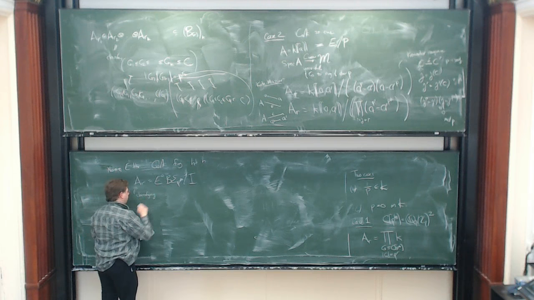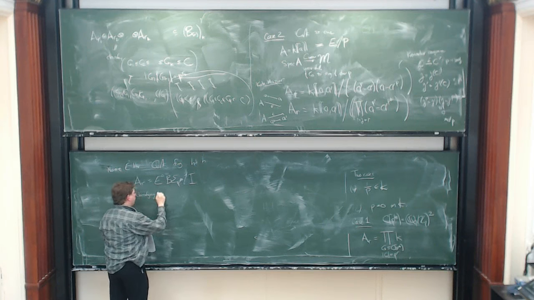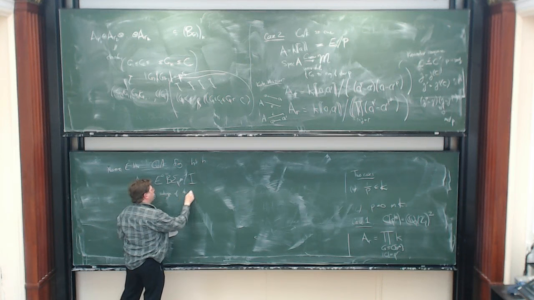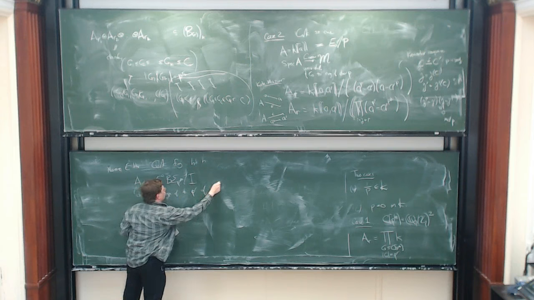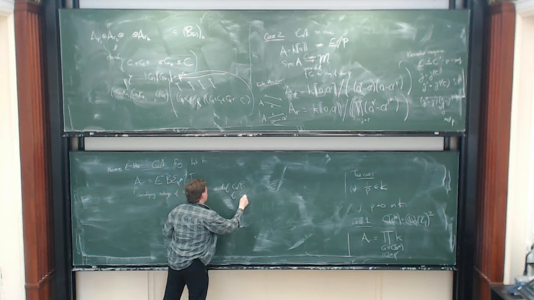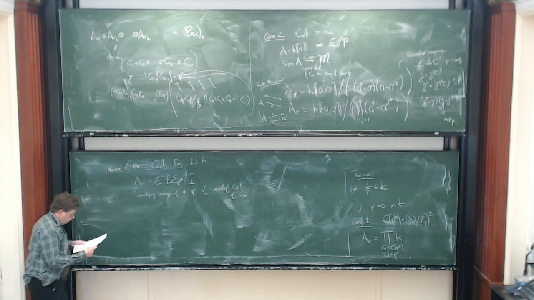Or if you prefer, classifying isogenies that deform a power of Frobenius. So this classifies subgroups of rank p to the r of a deformation of G_0, deformation to some ring.